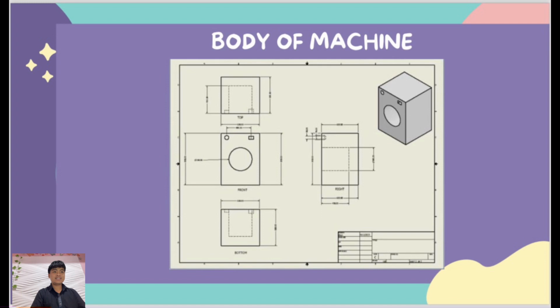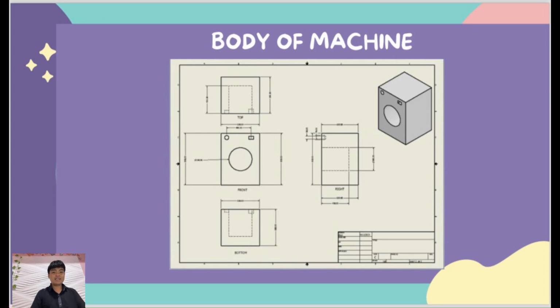The base is the same as the top, which is 630 millimeters, with the length of 850 millimeters, with the circle of 380 millimeters. And the bottom view is the same.